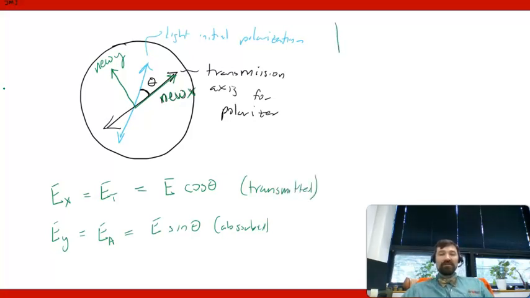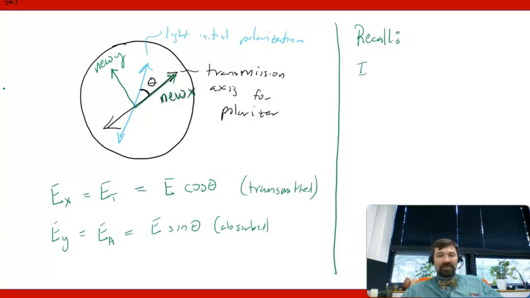Now, where Malus's law comes into play is this. Malus's law, instead of looking at E fields, looks at intensity. Now you'll recall, intensity of an EM wave is the magnitude of the Poynting vector.